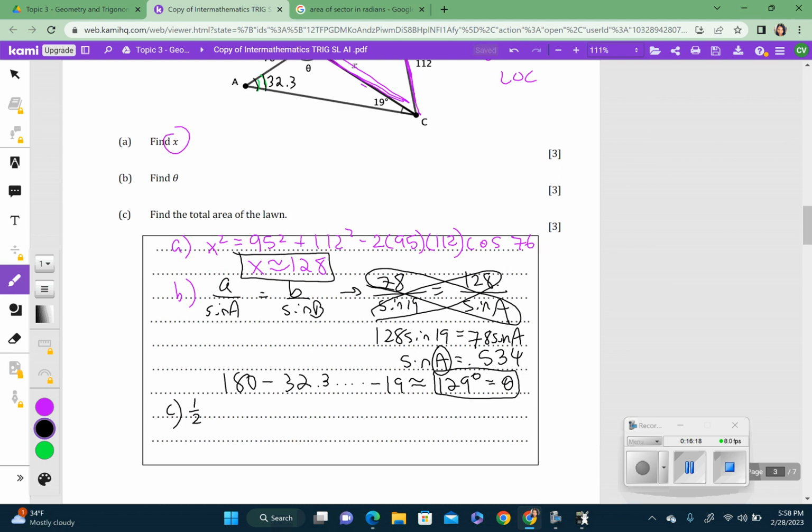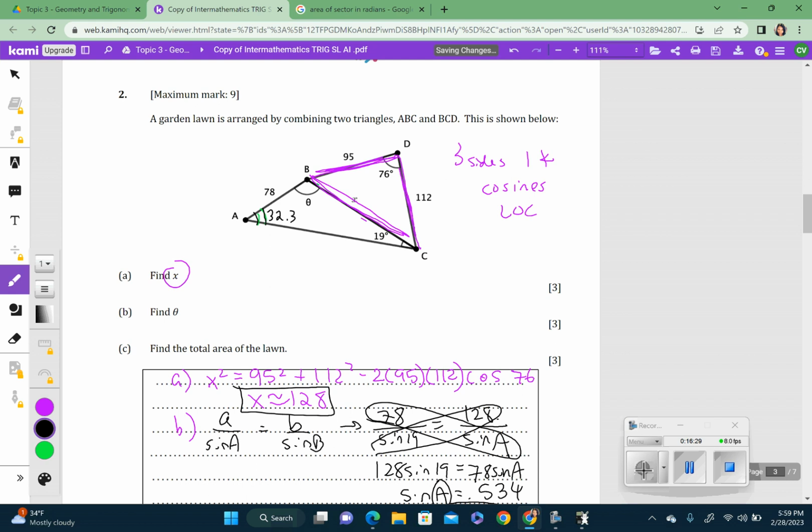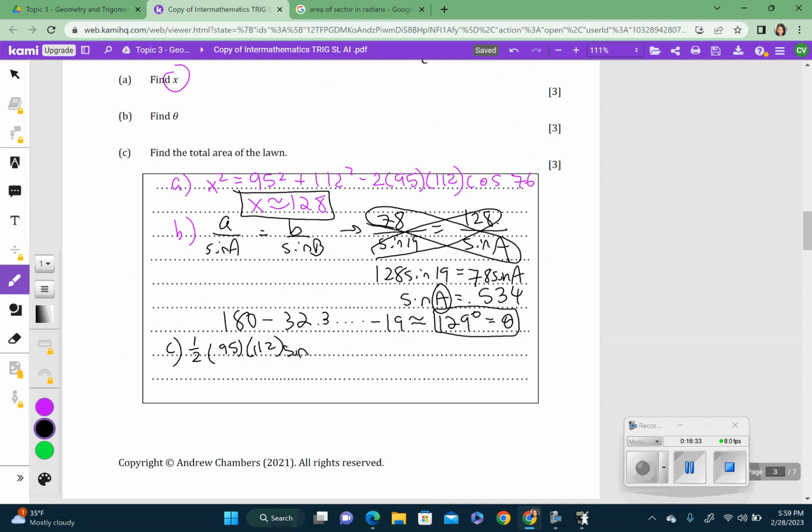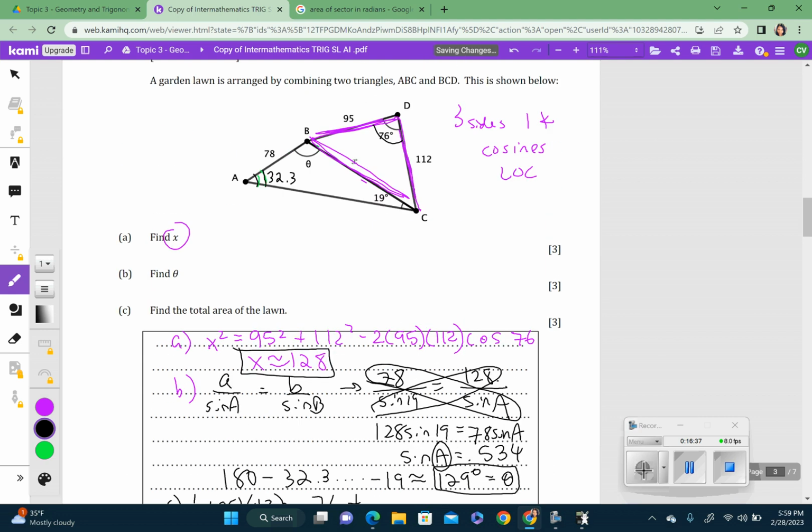So let me come back down. 95 times 112. And then I'm going to do the sine of the angle in between, right? So between 95 and 112, that's 76 degrees. So sine of 76. And plus, the area of this triangle plus the area of this triangle is going to be the total area of the whole lawn.